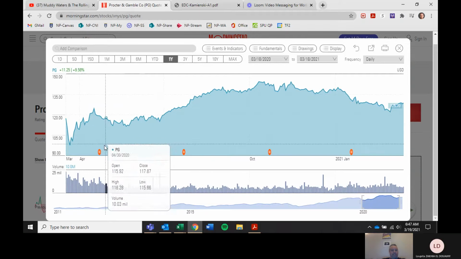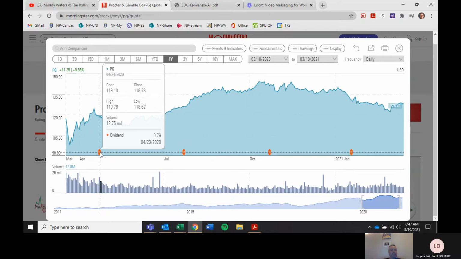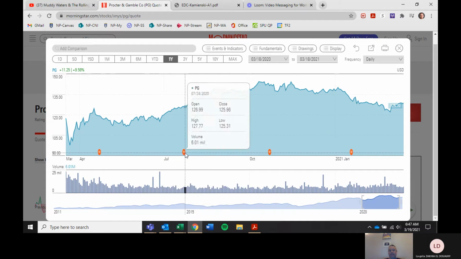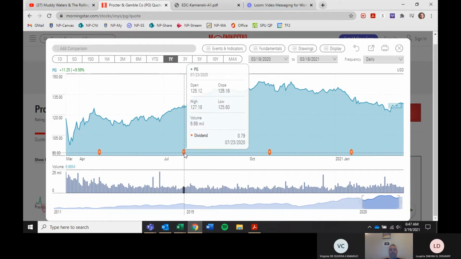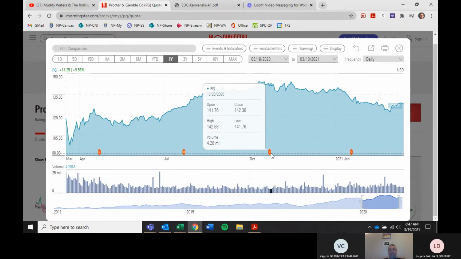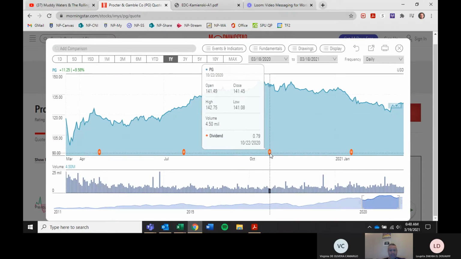Everywhere you see a little D, for example, it tells you that Procter & Gamble on 4/24 of 2020 paid a dividend of 79 cents per share. Then in July, it paid a dividend of 79 cents per share. And then in October, it paid a dividend of, what was that one?